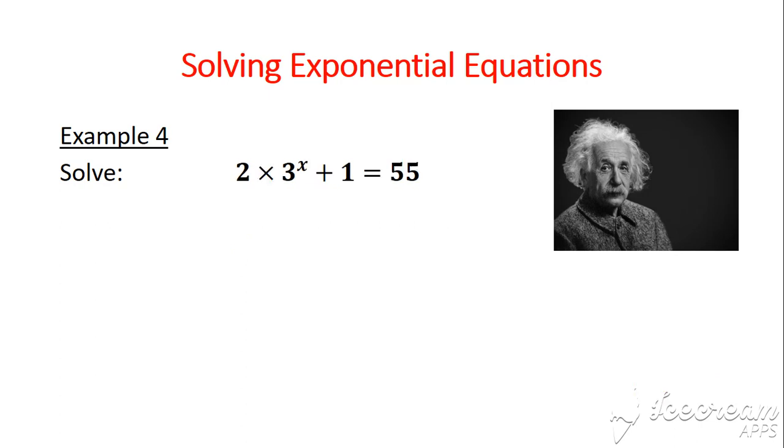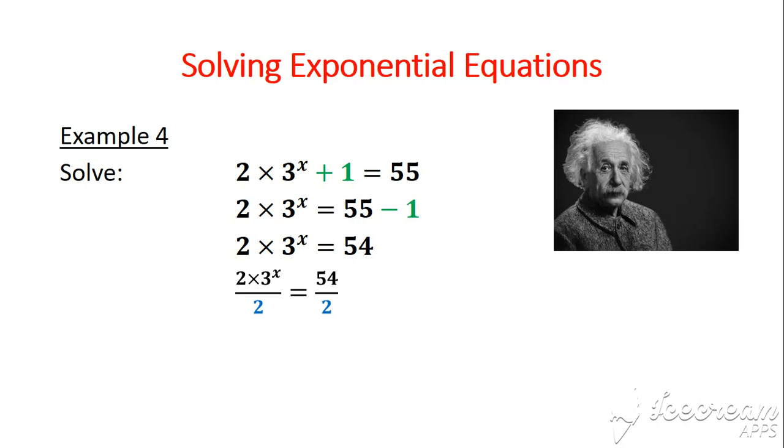What about this? 2 times 3 to the power of x plus 1 is equal to 55. The first thing we've got to do is take away 1 on both sides. That leaves us with 2 times 3 to the power of x on the left-hand side equal to 54 on the right-hand side. Now we're going to divide both sides by 2 to get rid of the times 2 on the left.